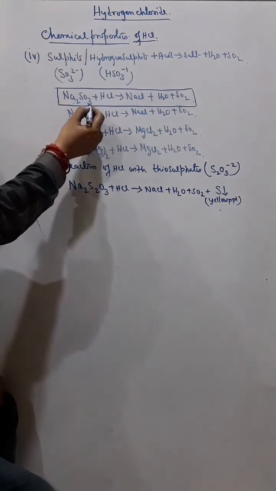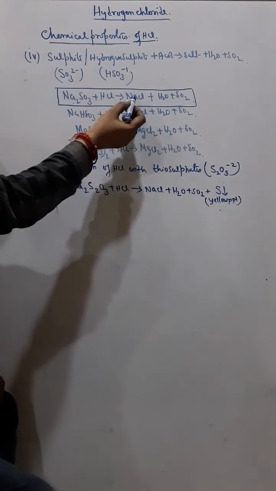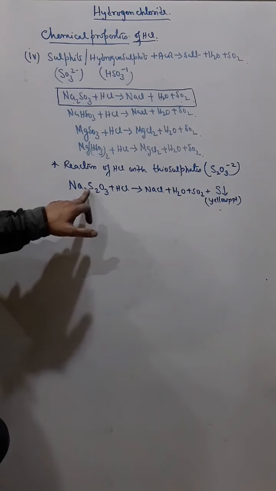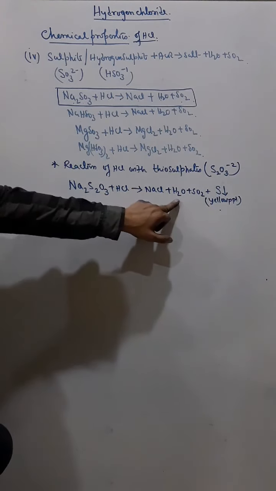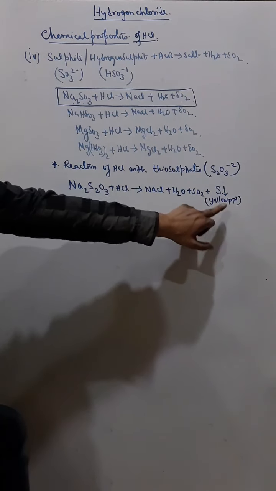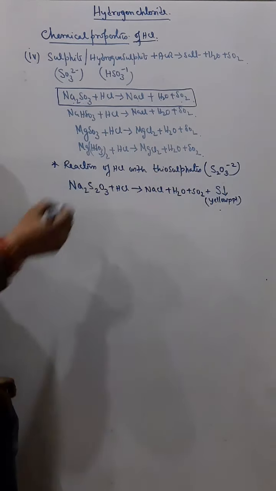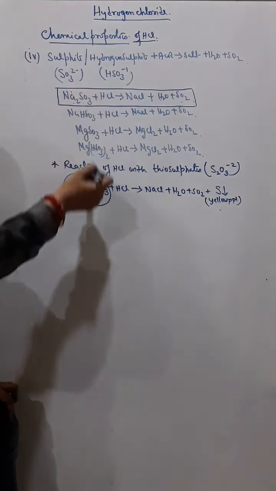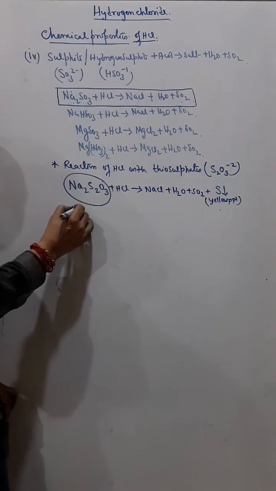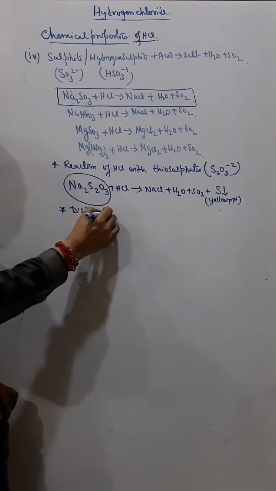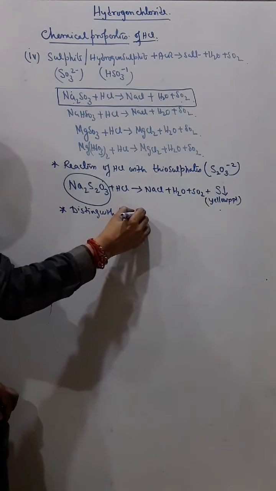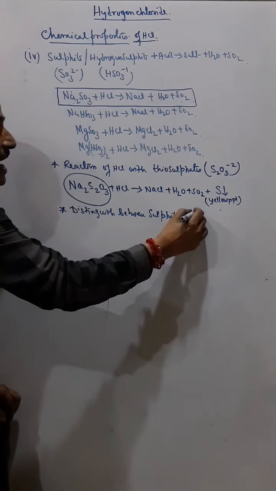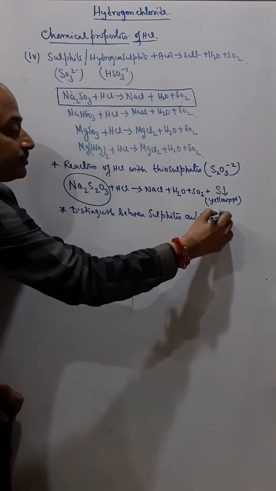this is sulfite. So sulfite reacts with HCl to give you salt, water and sulfur dioxide. But thiosulfate reacts with HCl to give you salt, water, sulfur dioxide and also yellow precipitate of sulfur. So this is the main point, how can we distinguish between sulfite and thiosulfate?